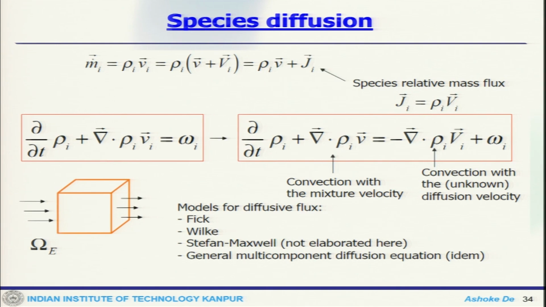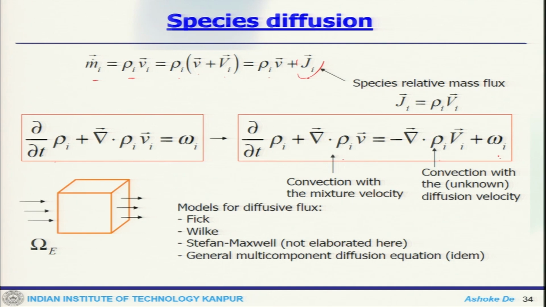So, if I expand this term of the mass flux, it is rho i V plus Vi, then this is the relative mass flux term, which is nothing but rho i and the diffusion velocity. If I put these things in the equation of the species mass conservation, this is the convection, and this is the convection with the diffusion velocity.